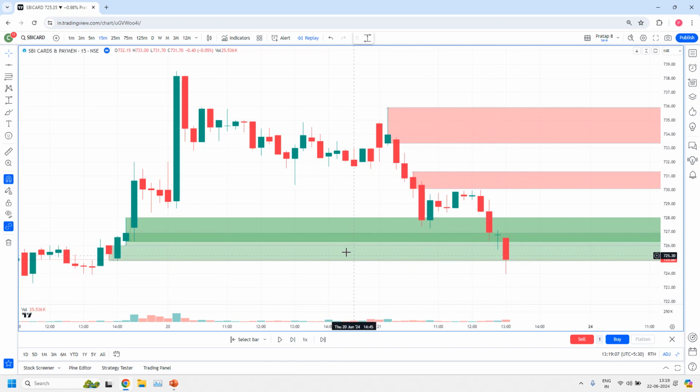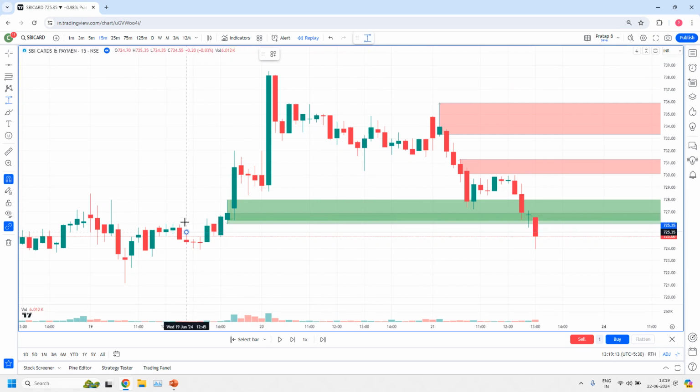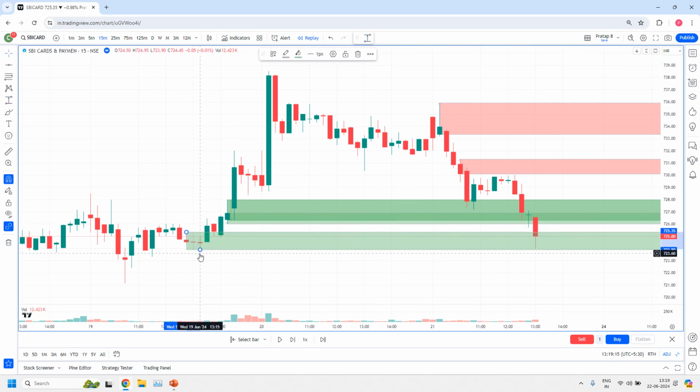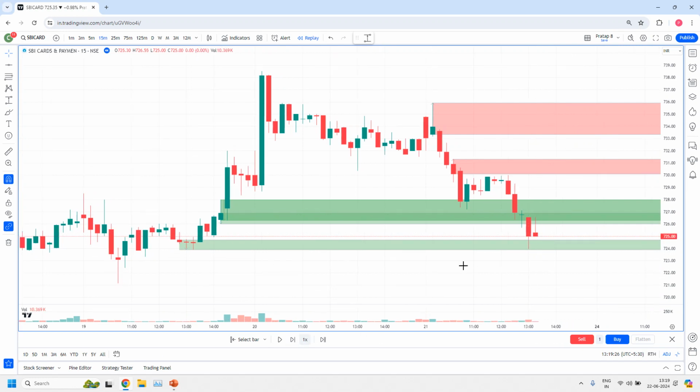Even that one is violated. This is also violated. And this is the last one, which is having confluence with the 75 minutes zone. This 15-minute zone, so from here it picked up the orders. This is the last opportunity. Even if this one is violated, trend will be changed.